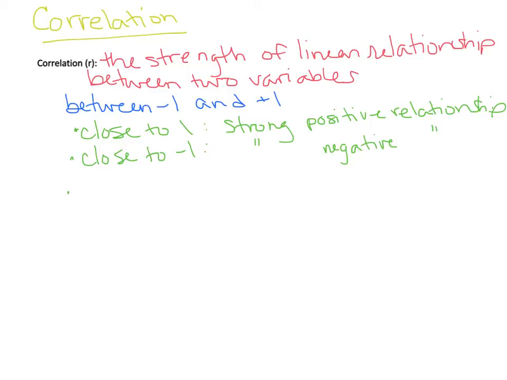So now if you have a very low correlation, usually anything below like 0.5 is going to be pretty low, but especially anything close to 0, that's going to mean that you have a very weak relationship.